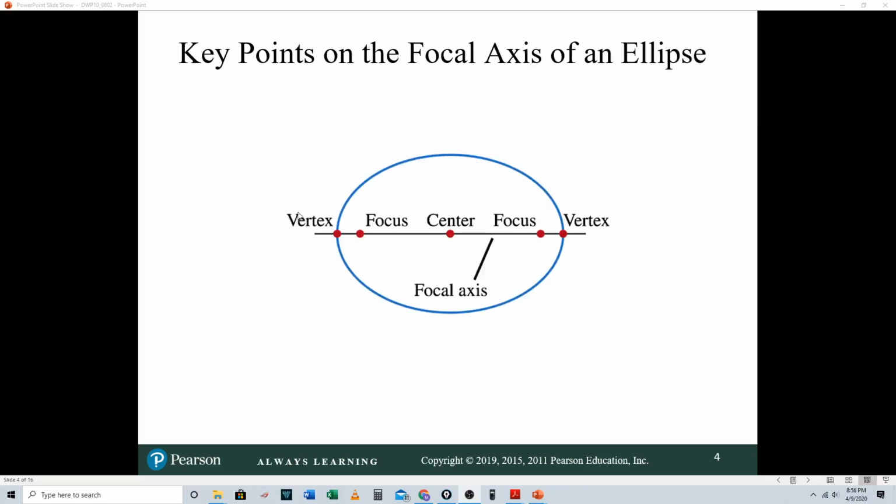So, here it is. We have the focal axis, which is the line where the two focus points exist, and right in between them is the center. And then the points on the ellipse that are also on this focal axis are called the vertexes, or the vertices. We have center, foci, vertices.